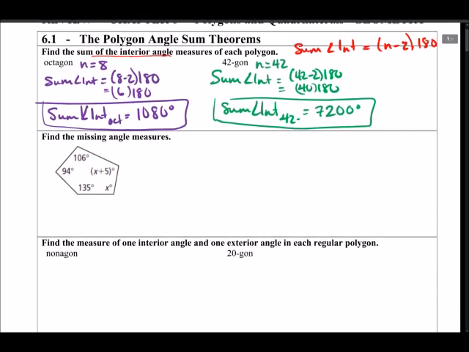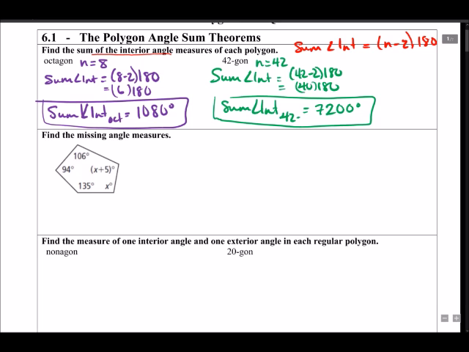What's next? Find the missing angle measures. All right, well, this is like our triangle angle sum theorem, but we have to do a little work first because not being a triangle, we have to figure out what the sum of the measures is.